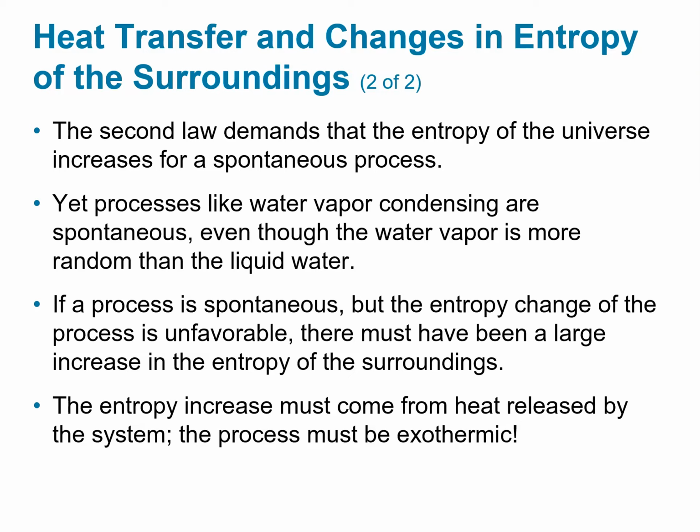If a process is spontaneous, but the entropy change of that process is unfavorable, there must have been a large increase in the entropy of the surroundings. And finally, the entropy increase must come from heat released by the system for the process to be exothermic.